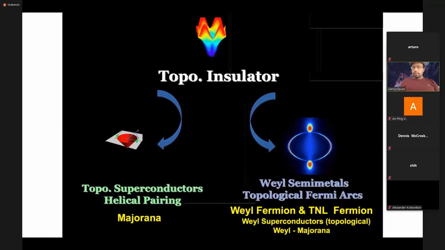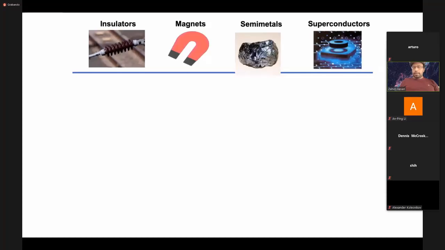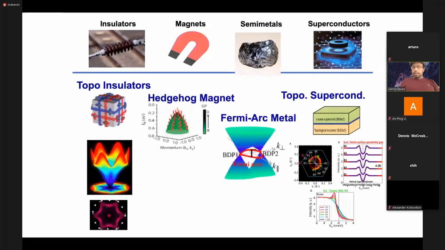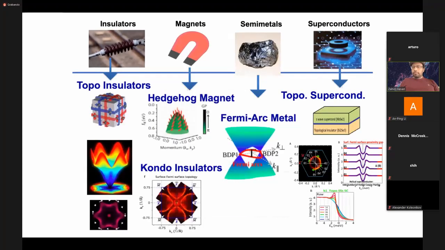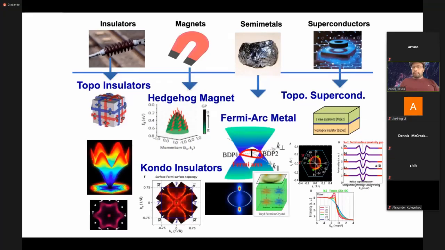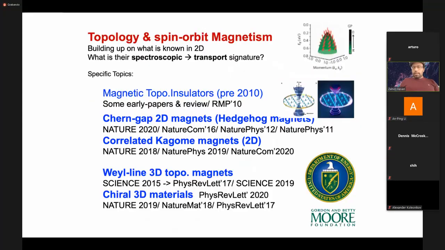So this continues today, right? As I said, I'm not going to review all that we have been doing. I'm just going to be talking about the recent developments in magnetism, topological magnets.